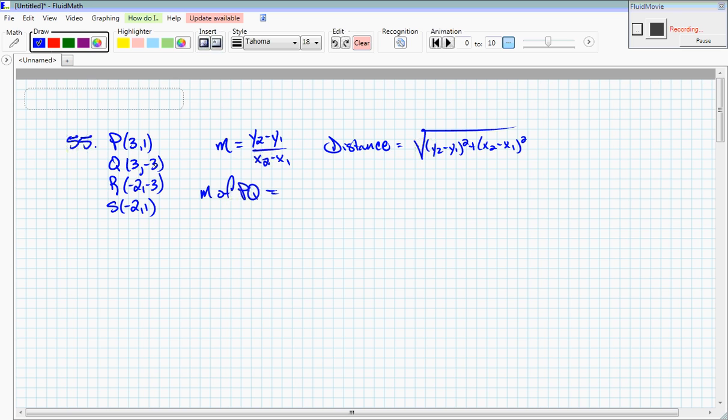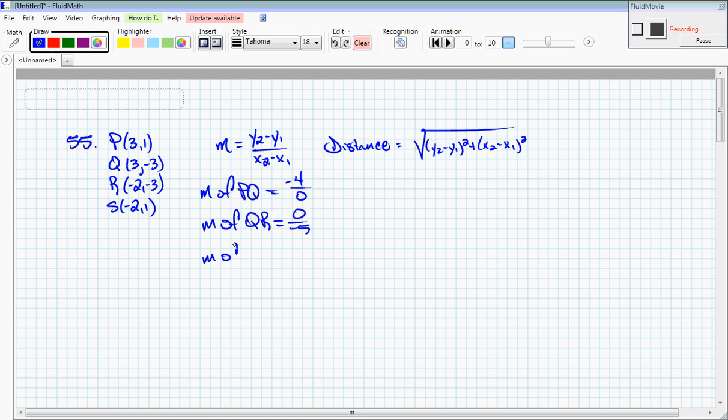Slope of PQ, y2 minus y1, negative 3 minus 1 is negative 4, x2 minus x1, 3 minus 3 is 0. Let's find the slope of QR. Negative 3 minus a negative 3 is negative 3 plus 3 is 0. Negative 2 minus 3 is a negative 5.